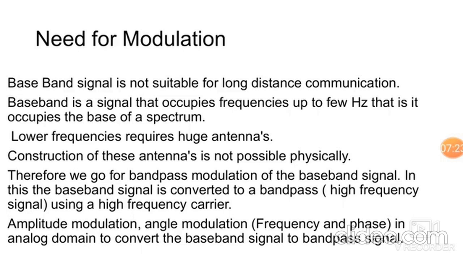Modulation is also needed for fixing the height of huge antennas. It is not physically possible to design an antenna with very large height, so with the help of modulation we can design an antenna with medium height for high frequency transmission.